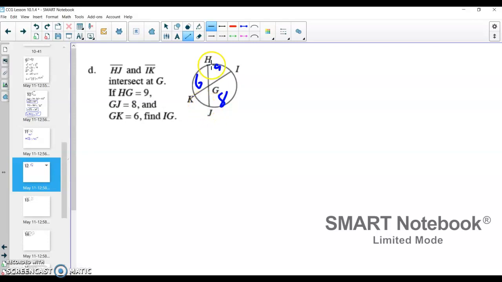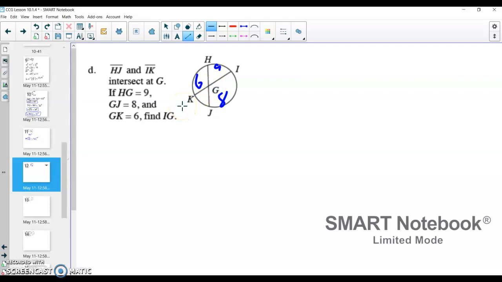What needs to be seen, though, is that angle H here is creating this arc measure over here, and angle K is creating that same arc measure. So angle K and angle H have to lay on top of each other for similar triangles, which means really the corresponding sides here are HG and GK.